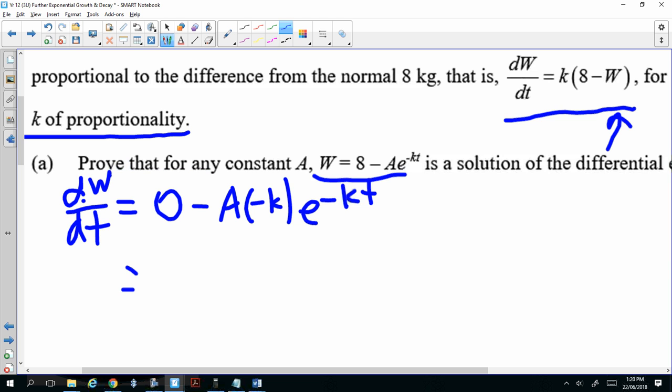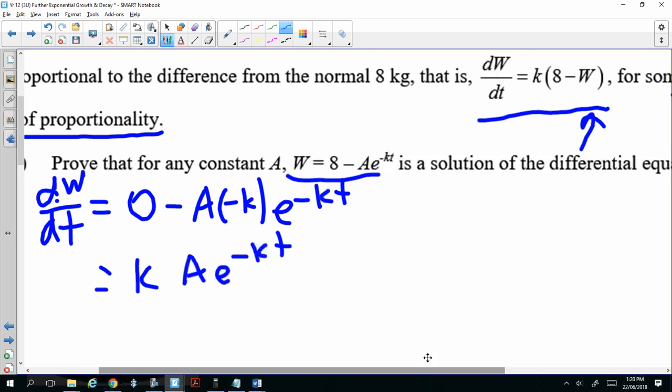So you take the k out. Now you have to be careful. You have to make it look like this. So what you could do, you can put a minus in here, minus outside. So your next step will be negative k, negative a, e to the power negative kt.